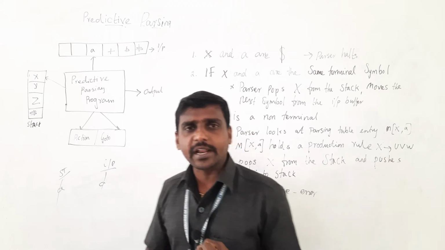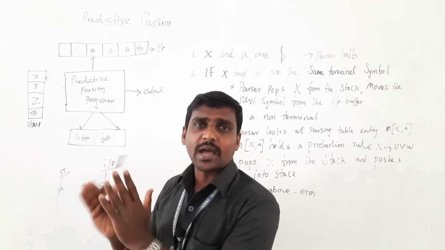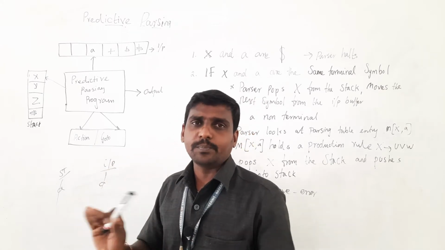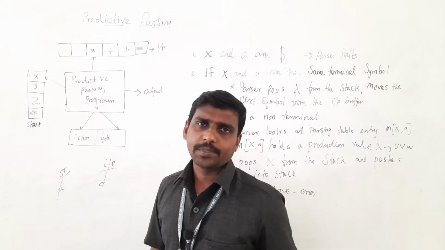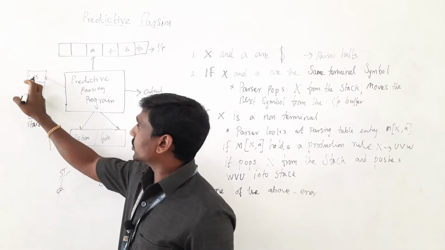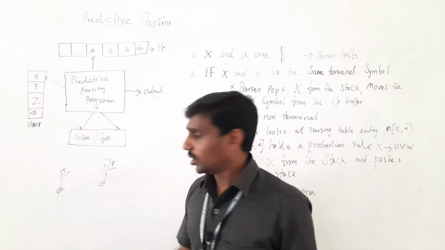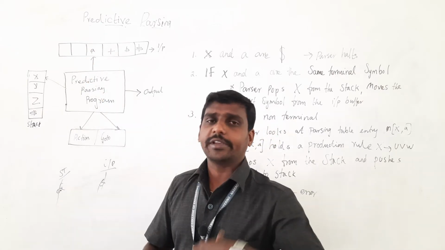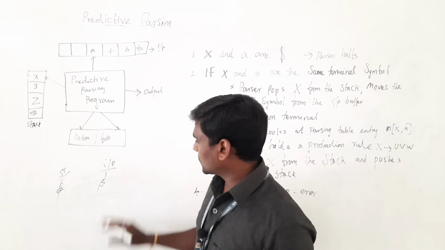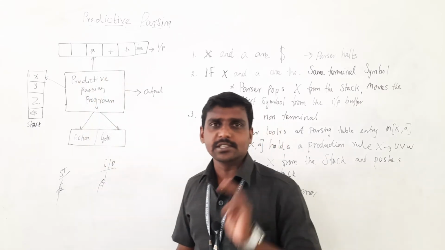The first behavior I told you: top of the stack is a variable and the input symbol is dollar, it means the end of the parser, it successfully halts, okay. If the top of the stack is a terminal and the input is the same terminal, we can pop from the stack as well as from the input symbol. This is the second scenario.